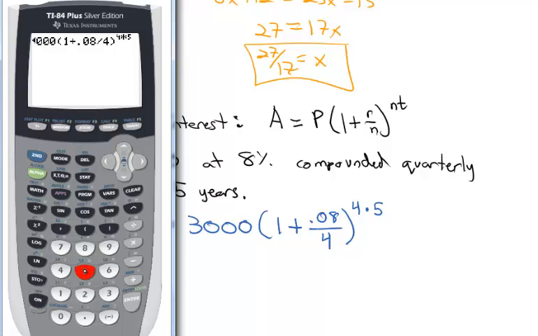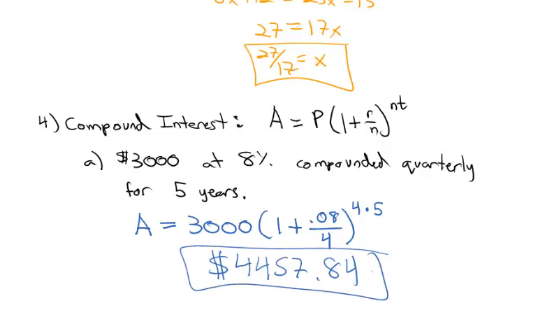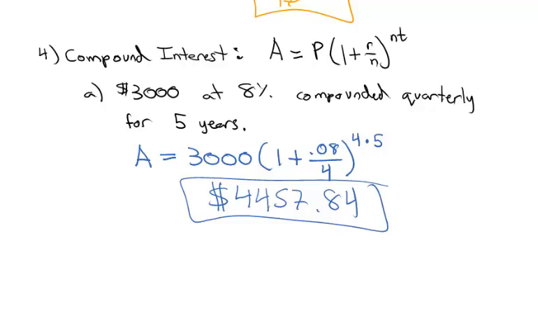Some calculators will just stick a little caret that looks like the symbol right above the division sign. If that's the case, you need to put the 4 times 5 in parentheses. Make sure you know how your calculator works. Make sure you get 4,457.84. And that's how much will be in the account after 4 years. Sorry, 5 years.